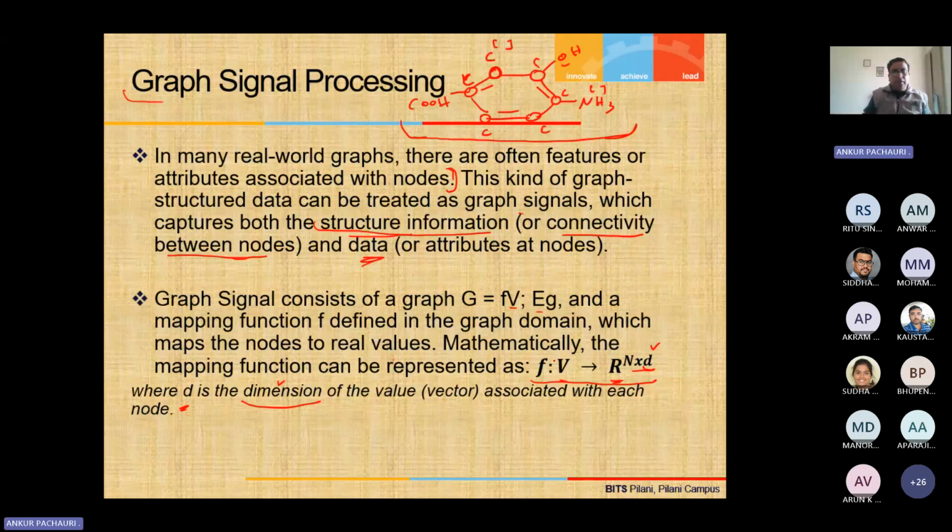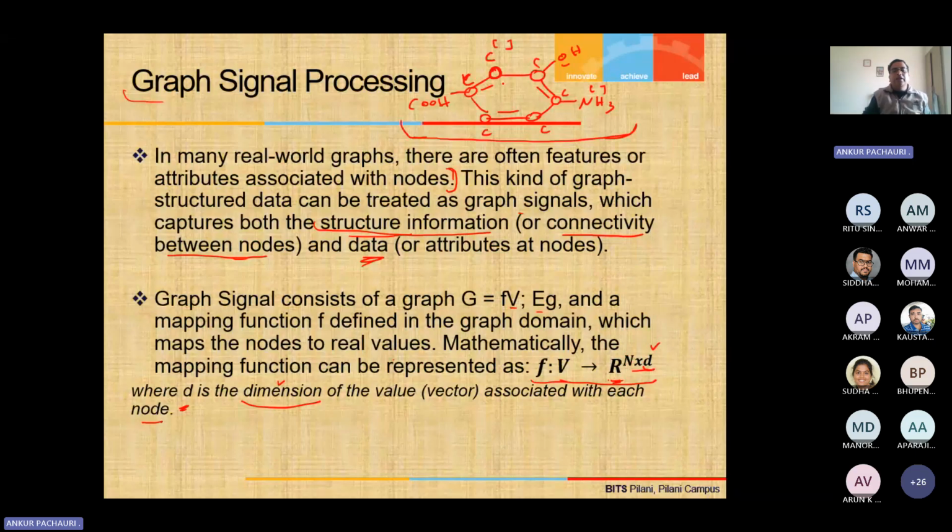There's a mapping function from V to R, the real numbers, of the order n cross d, where n is the number of vertices and d is the attributes, or the dimension of the vectors associated with that node.